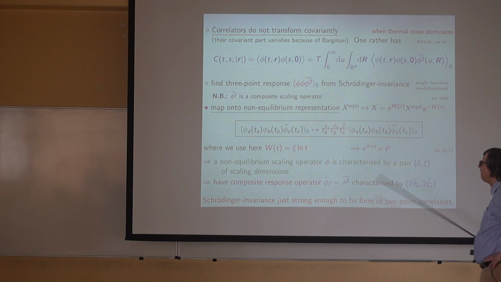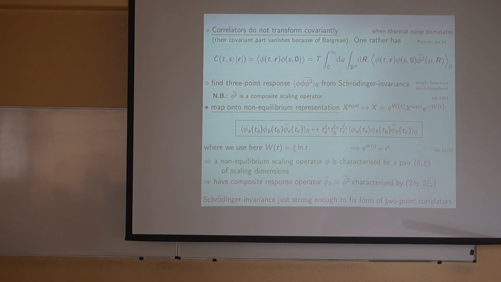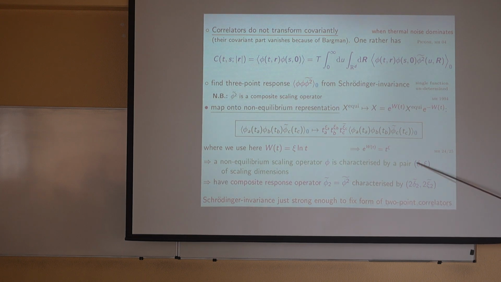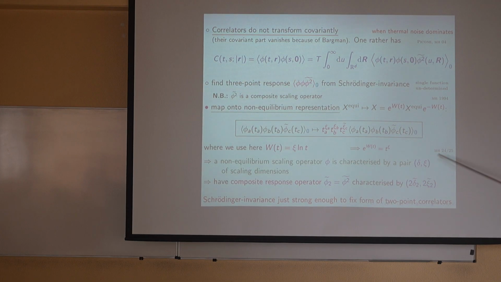we get these 3 parameters. In other words, the scaling operator, which at equilibrium was characterized by a single conformal dimension, out of equilibrium is characterized by a pair of 2 scaling dimensions, which have nothing to do with each other and which can be very different. That is the new aspect.